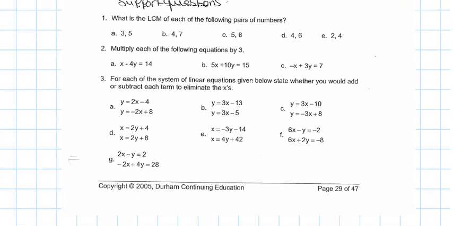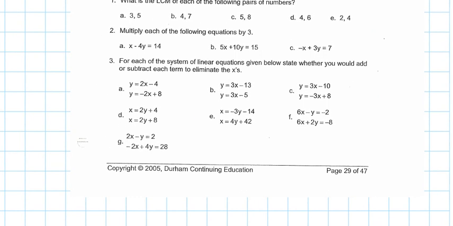Okay? If you're looking for something, for example, this one, A. What letter do you want to get rid of? Y. What would you do to get rid of Y? So you would subtract to get rid of Y. Okay? Good. How about G?